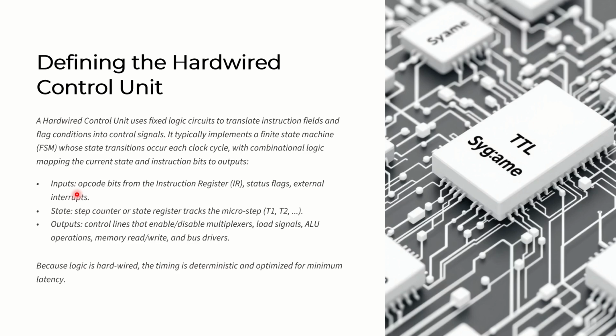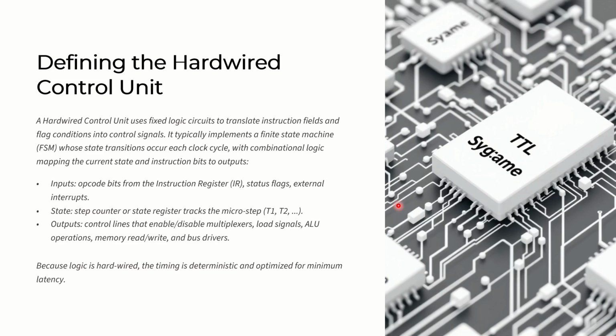First we will talk about inputs. As input, we will give the opcode bits from the instruction register, status flags, and external interrupts. Let me first tell you about the instruction register.